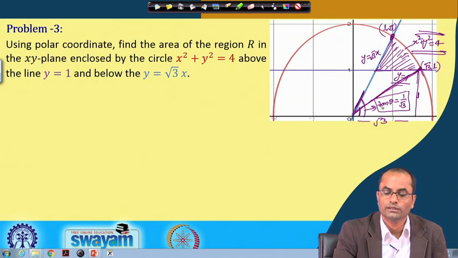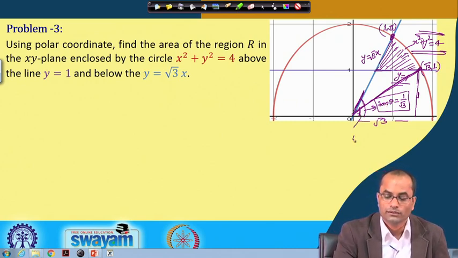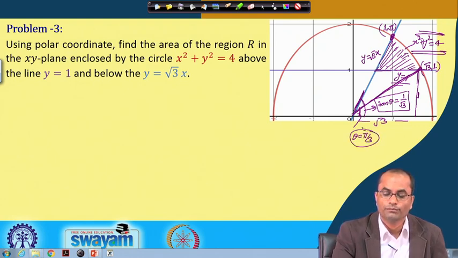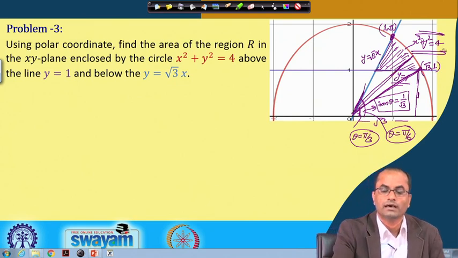Similarly, for the other one, tan theta will be square root 3, so theta will be pi by 3. So we are moving from pi by 6 to pi by 3 for theta, and for r we are going from this line to the circle. The equation of this circle is r is equal to 2.